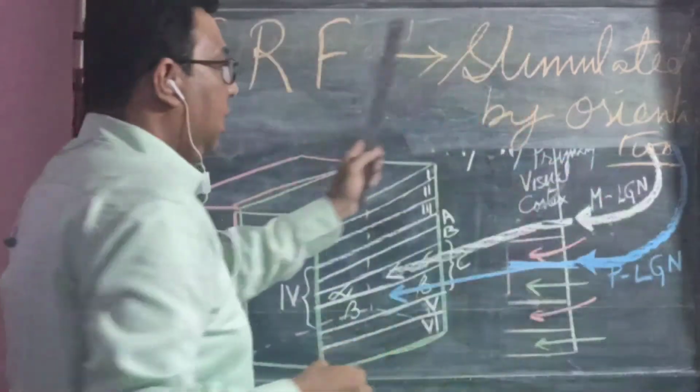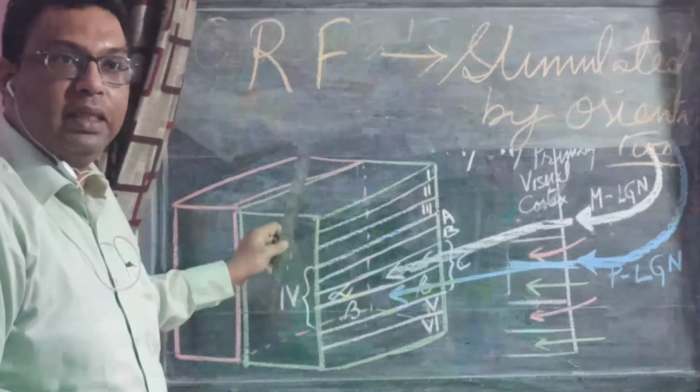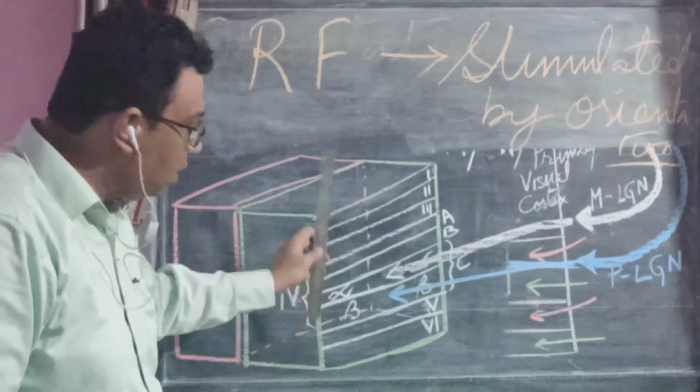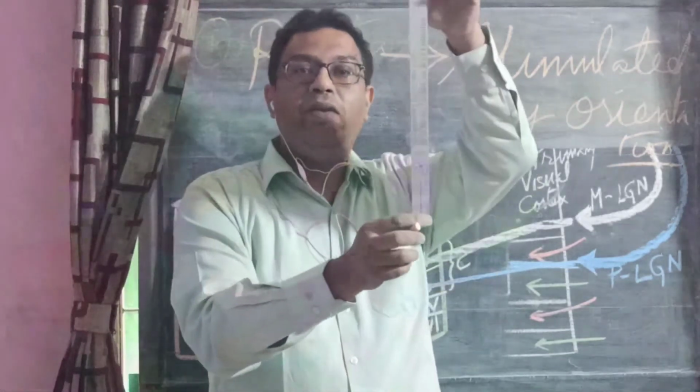There are cells in the cortex with receptive fields that will only be stimulated at a given orientation.